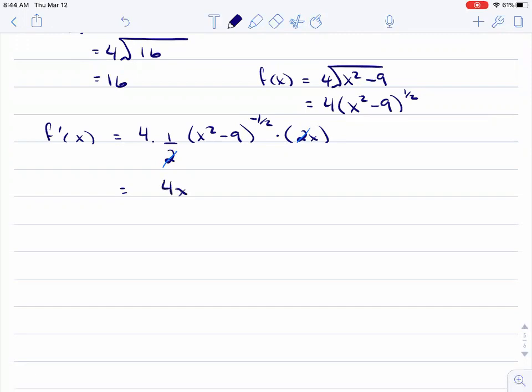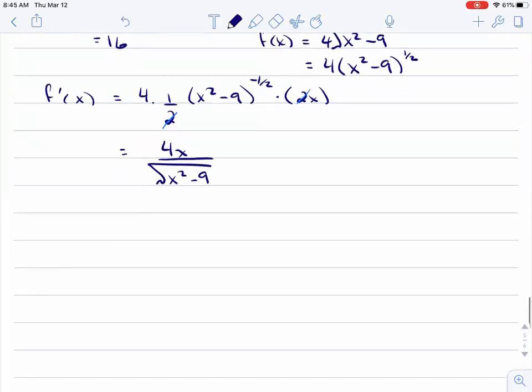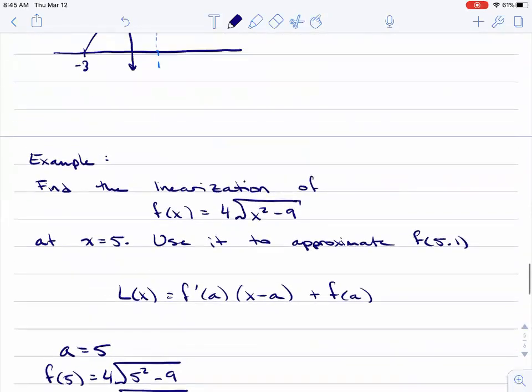So I've got 4x over the root of x squared minus 9. This is the slope of the tangent line at any value of x on this curve. But we want the slope of the tangent line at x equals 5.